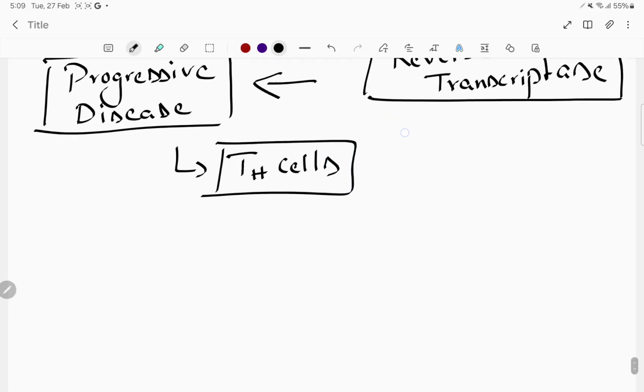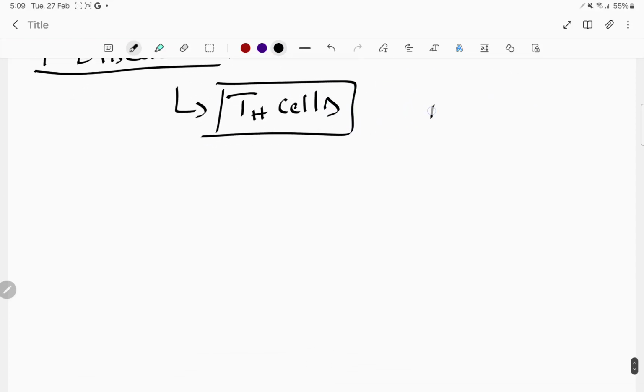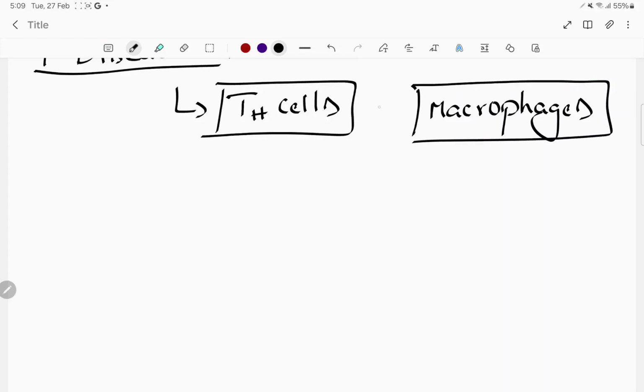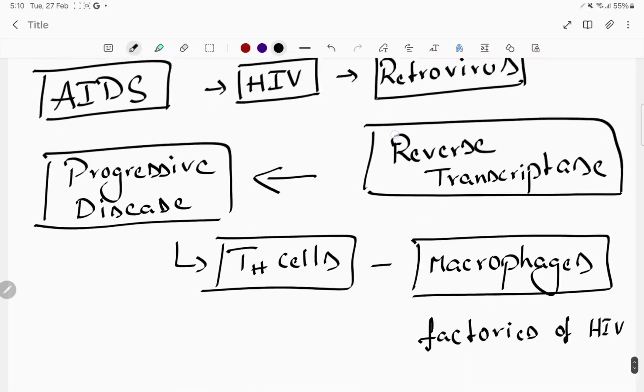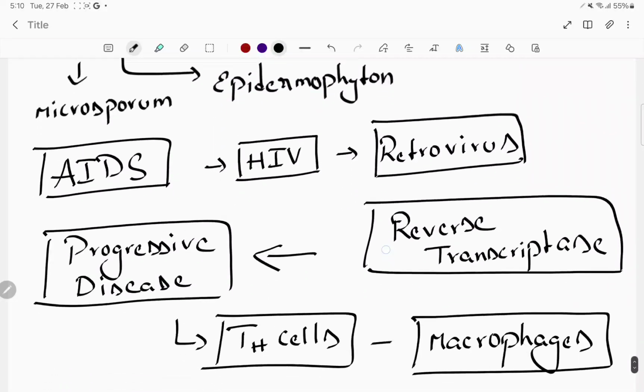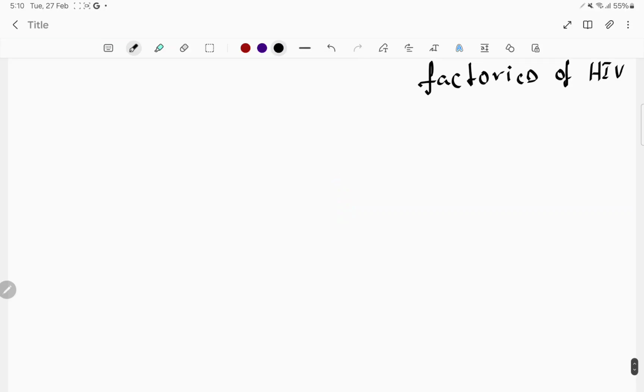And macrophages are called the factories of HIV. So these are the NEET points you have to know. So let's continue.